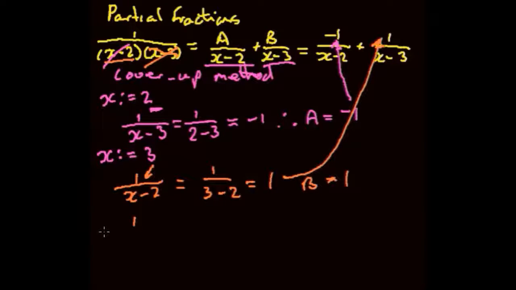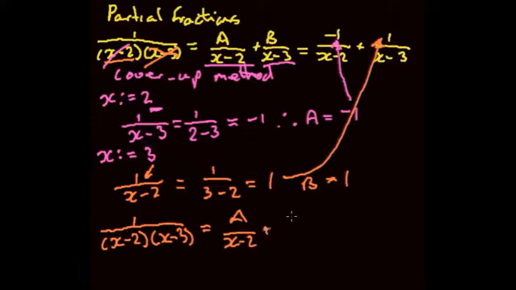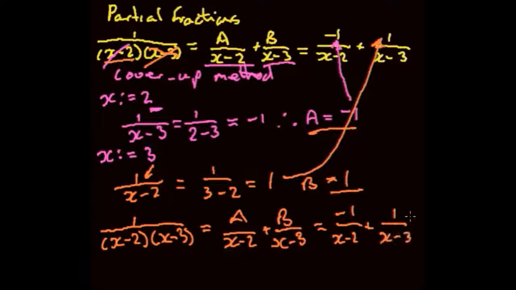And that gives me the solution to the partial fraction 1 over (x minus 2)(x minus 3), which equals a over x minus 2 plus b over x minus 3, where my a is equal to minus 1 over x minus 2, plus my b, which is 1 over x minus 3.